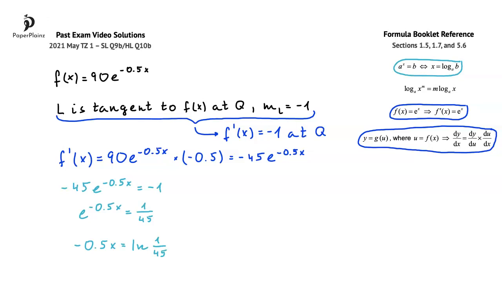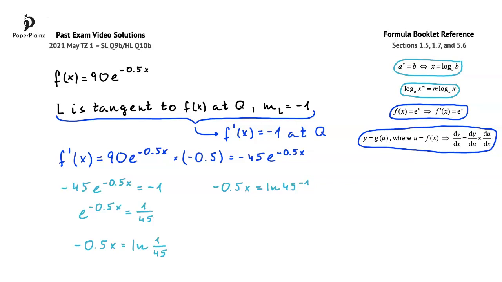Expressing 1 over 45 using a negative power, we get that -0.5x is equal to ln 45 to the power of -1. I have done this because in our next step we'll use this logarithmic law from section 1.7 of the formula booklet.